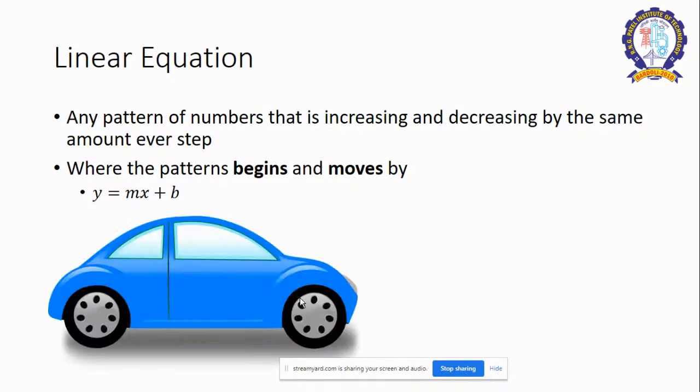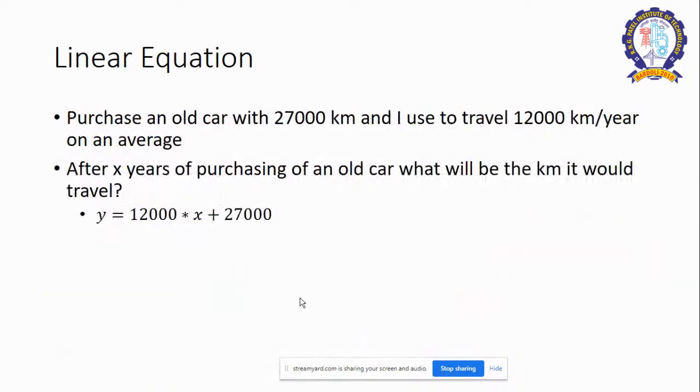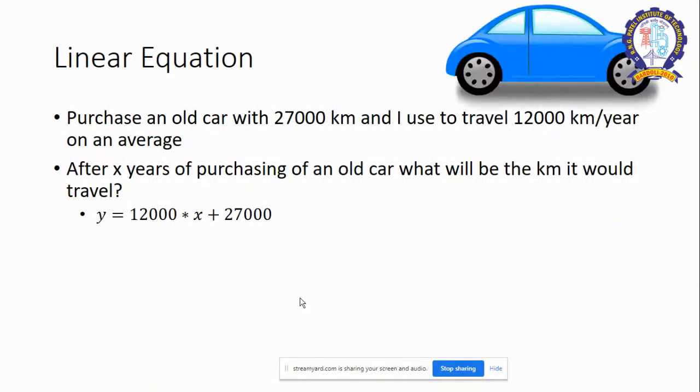Here we have two examples of how a linear equation comes from real life. The first example: suppose I buy an old car which has already traveled 27,000 kilometers, and I travel 12,000 kilometers per year on average. I want to predict the kilometers traveled after x years.